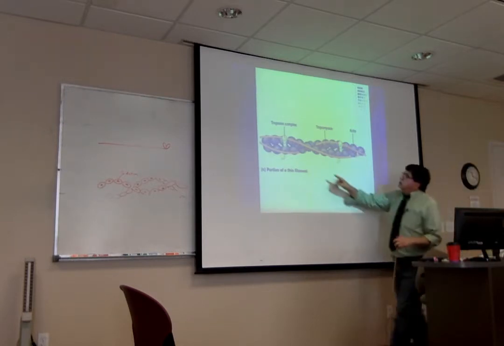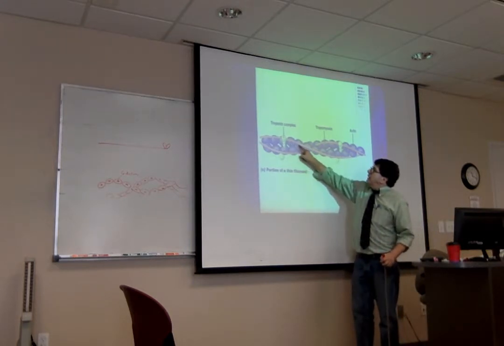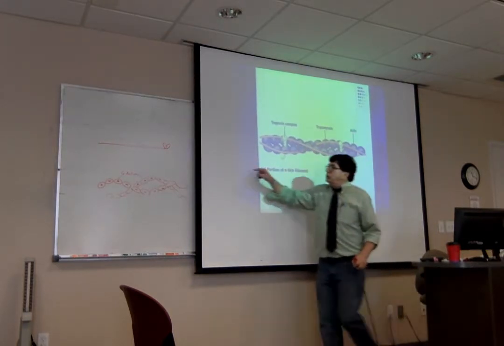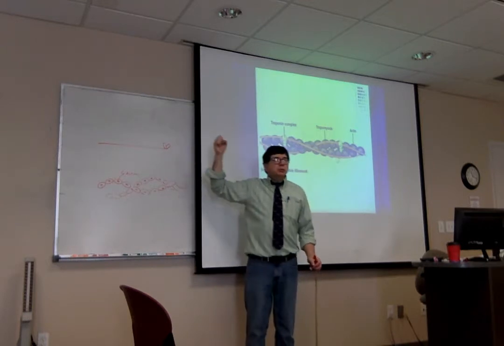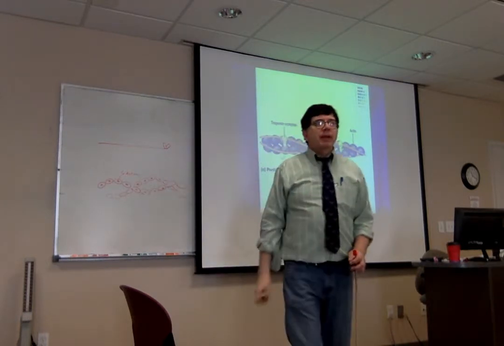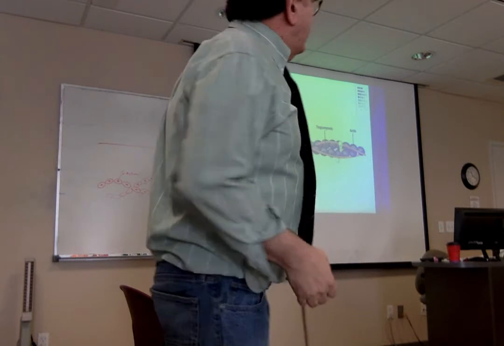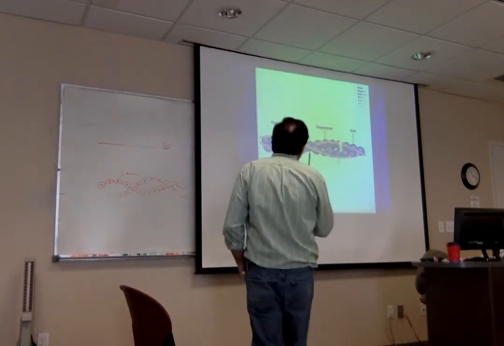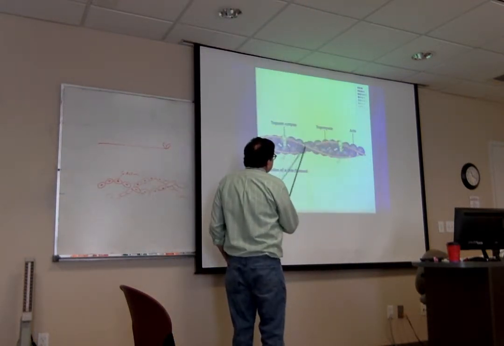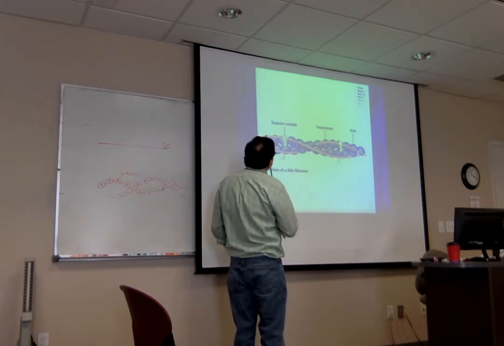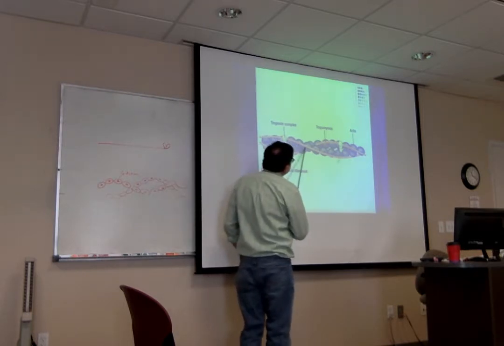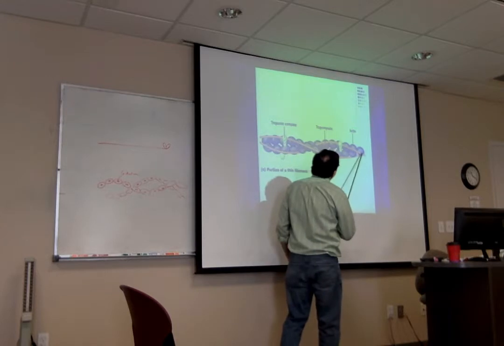And notice this little dark area. That's the active binding sites to which the myosin heads are going to be attracted. They're going to bind, but they only bind if this binding site is uncovered. And what you see at rest here is this long filamentous protein called tropomyosin.